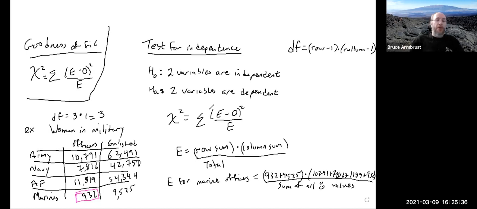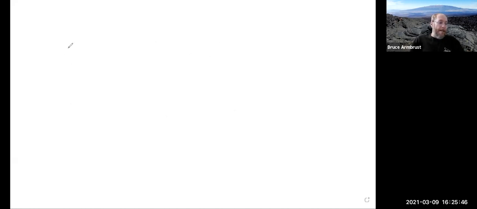All right, so let me show you another one. And you'll see that it can go really fast now that we've talked about it and you know what to do. It can go pretty quick. So let me just go ahead and clear everything here. So let's say we go and we ask people their sport preference.